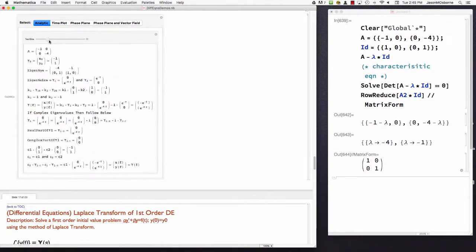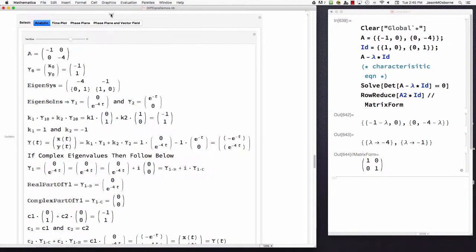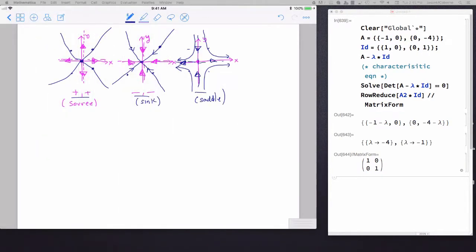The analytic, right, was for us to go through some of the details of. So let me do that real quick. Skip some steps here. A good example of a sink: the matrix A was [-1, 0; 0, -4]. Okay? The eigenvalues for that matrix, remember, you need to find them by solving the determinant of A minus lambda I, setting that equal to 0.